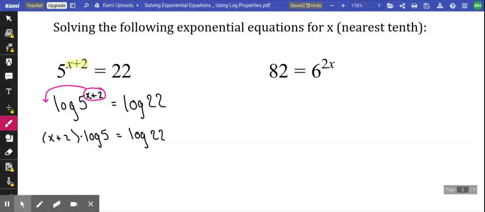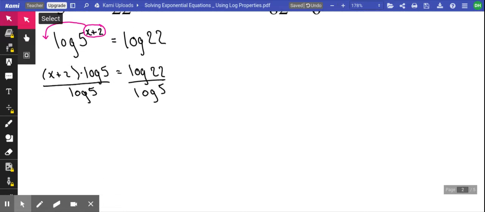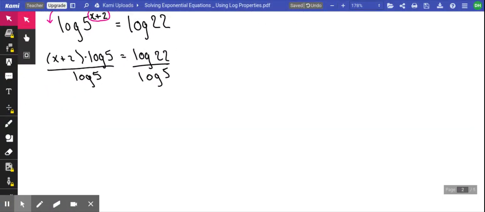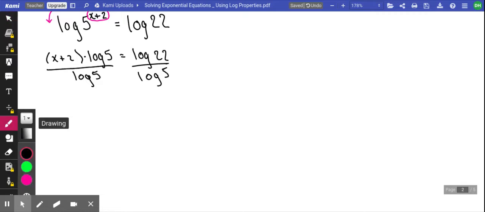We do have multiplication right here, so I'm going to divide both sides by the log of 5. I could go to my calculator right now, but I'm going to hold off, and I'm just going to write it as such. So we cancel those terms, and we've got x plus 2 equals the log of 22 divided by the log of 5.